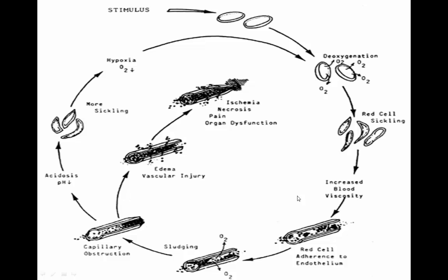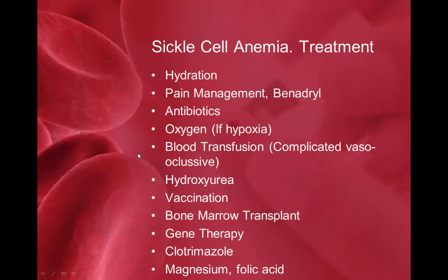This is basically to explain that these patients tend to have the sickling, the adherence to the endothelium, the sludging, capillary destruction, metabolic acidosis, vascular injury, and necrosis. And the more sickling, the more the vicious cycle.